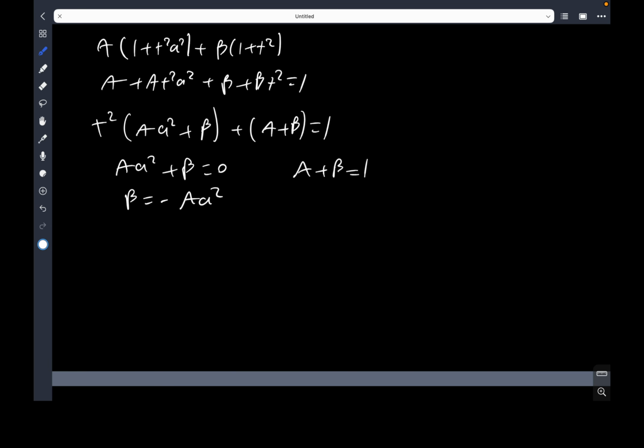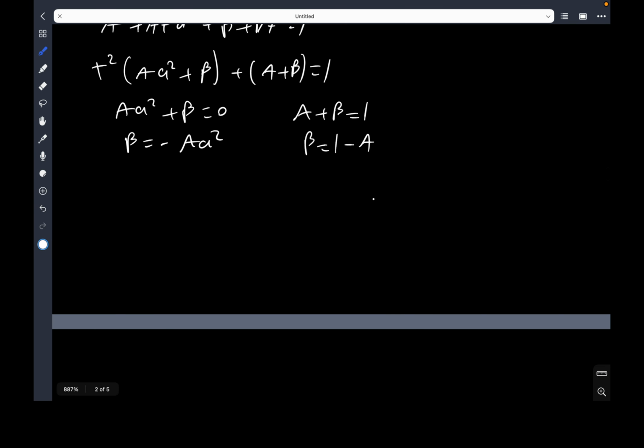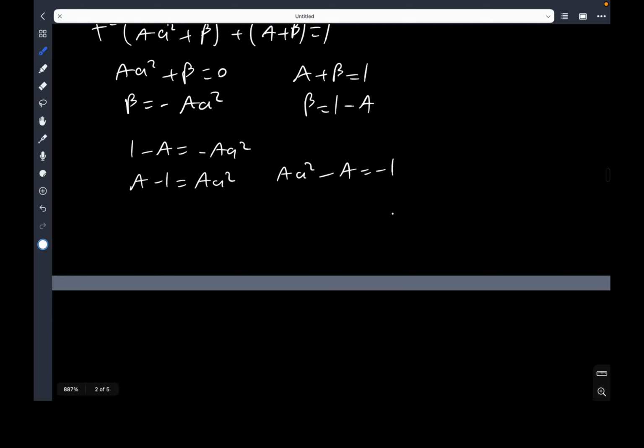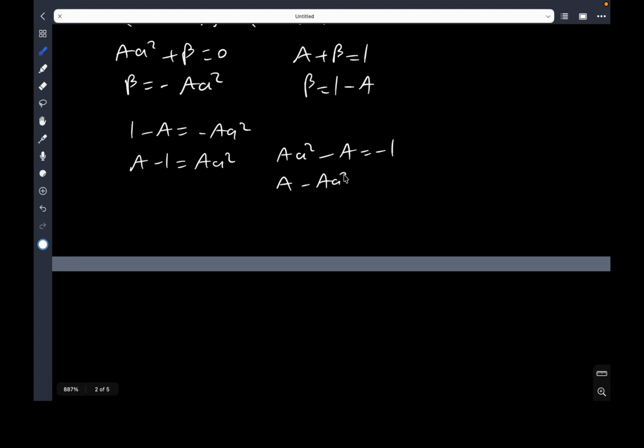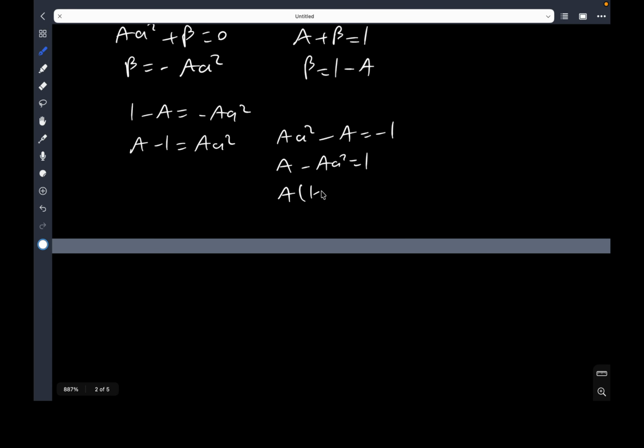B is 1 minus A. If I equate these to each other, 1 minus A equals negative A a squared. A minus 1 equals A a squared, so A minus A a squared equals 1, A times (1 minus a squared) equals 1, and A equals 1 over 1 minus a squared.